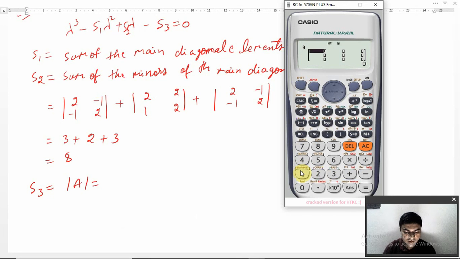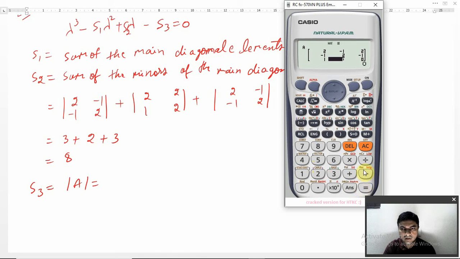So here you are going to get all the 3 values. So just type the values. Here I will type 2 equal to, minus 1 equal to, next term is 2 equal to, next term is minus 1 equal to, then 2 equal to, minus 1 equal to, 1 equal to.